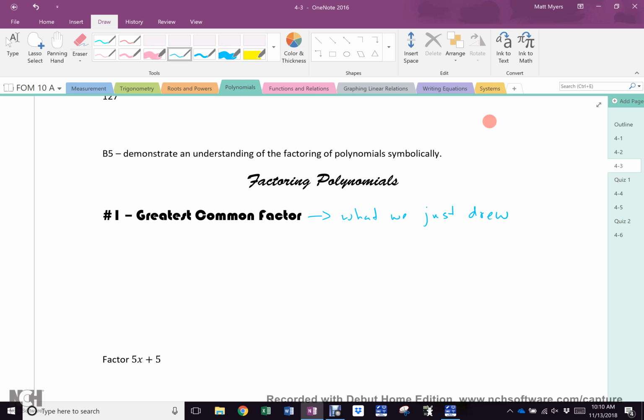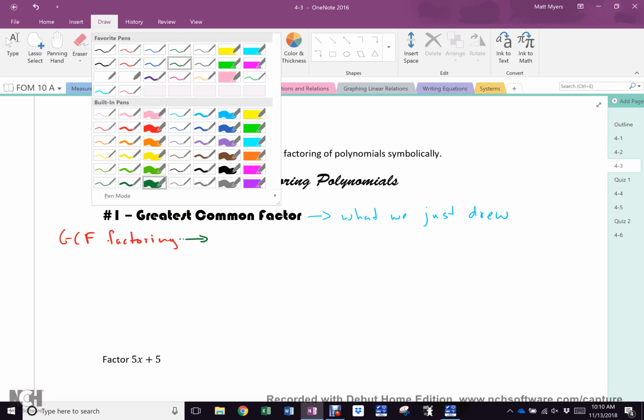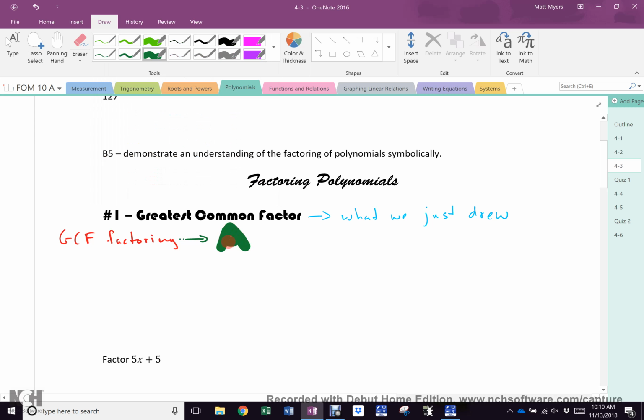So there's a couple of rules about greatest common factoring, which I, of course, abbreviate to, and this is a weird thing, GCF factoring, which means greatest common factor factoring. You say it twice, okay? The thing you have to remember about GCF, and I'm going to write it in very thick green pen: always try this first.